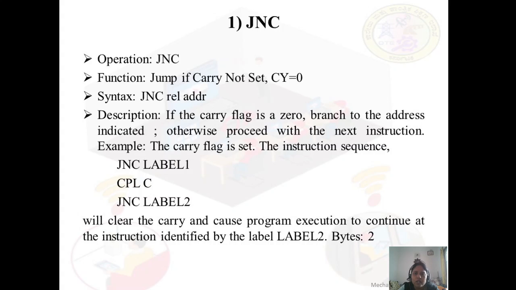And as I already told you, the conditional jump instructions are all 2-byte instructions. Understood? When we do the programs, then you will understand. As of now, you just need to know what this instruction does. Understood? So JNC means you have to jump only if carry is equal to 0.